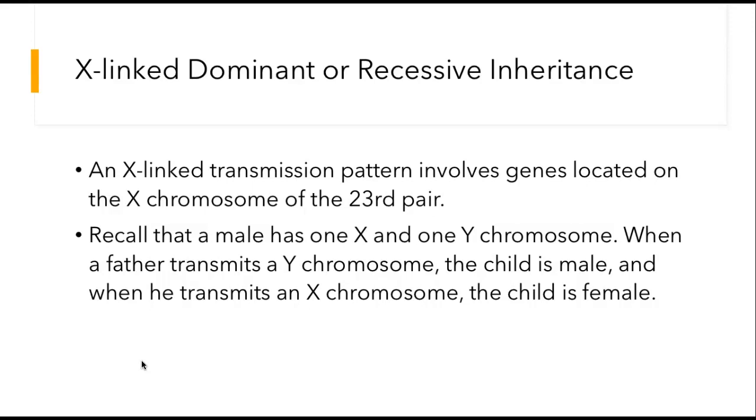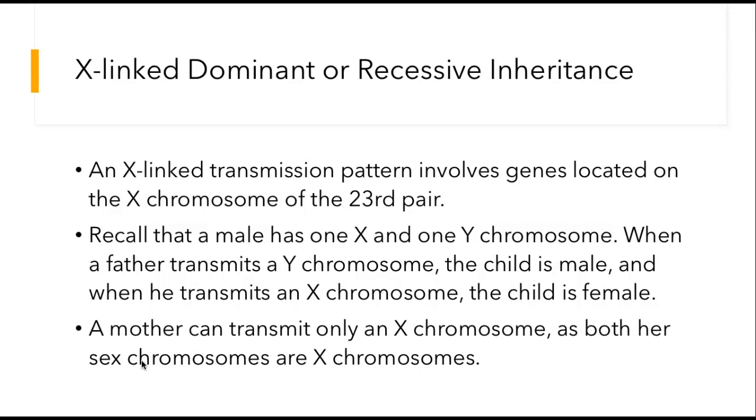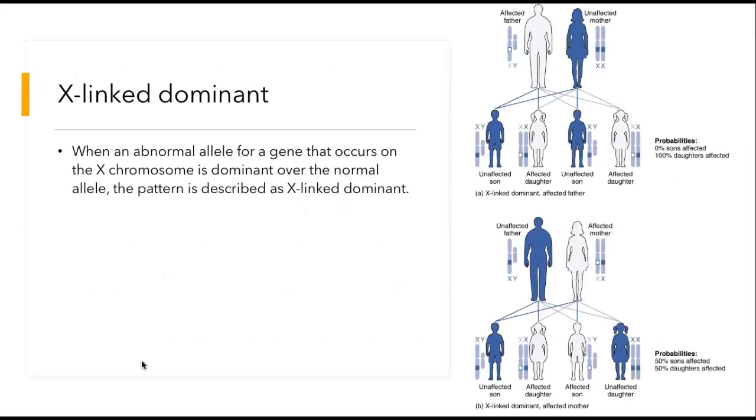What chromosomes on the 23rd pair can the mother transmit? Well, only an X chromosome, because both of them are X. Okay, if the trait is an X-linked dominant trait, the dominant is obviously dominant over the normal allele, and the pattern is described as X-linked dominant.